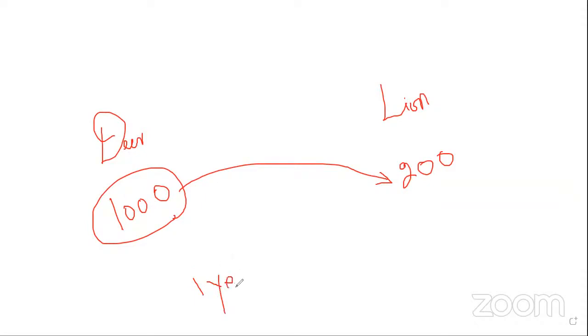Okay, now what happened? Here deer is how much? 1,000. The 1,000 prey for predator. Lion is a predator. Okay, carnivorous. They can eat it. The 200 lions, they can eat 1,000 in a particular time. For example, 1 year or 1 month. Okay, you can calculate like this.